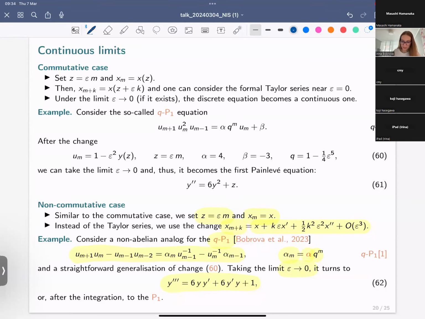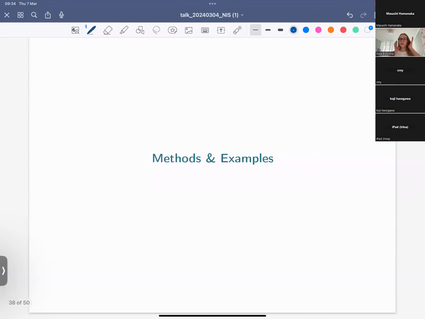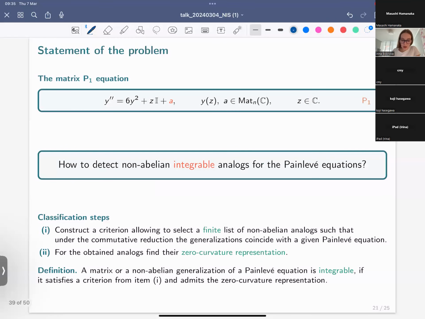Let's proceed. The last part is about methods that are useful for classifying non-abelian ordinary difference or differential equations. In fact, we are interested in non-abelian analogues for the Painlevé equations.